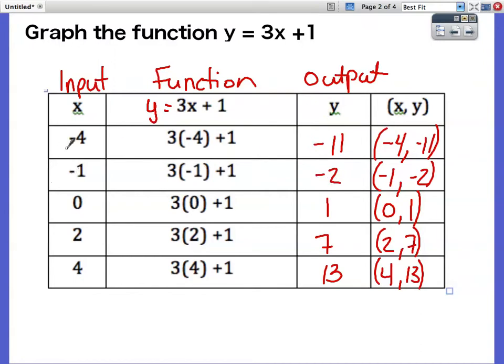And I want you to see something here. This is a dependent situation. Whatever y is going to be depends on what x is. When x is -4, only then is y -11. When x is -1, only then is y -2. So it's a relationship between two variables.